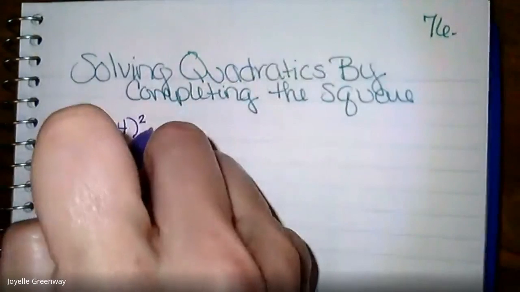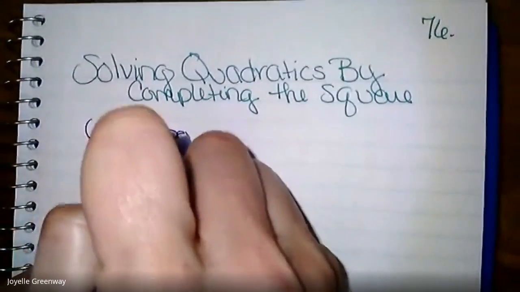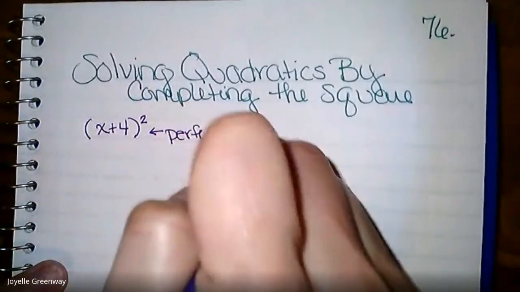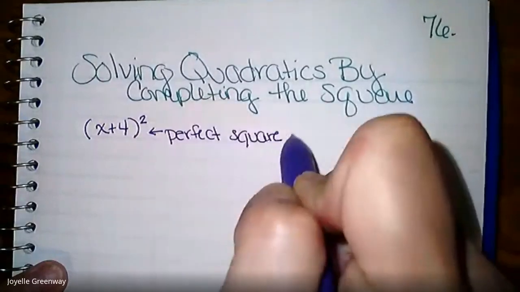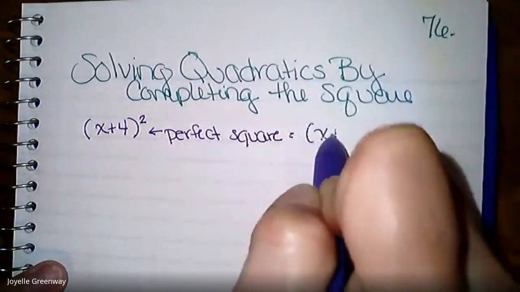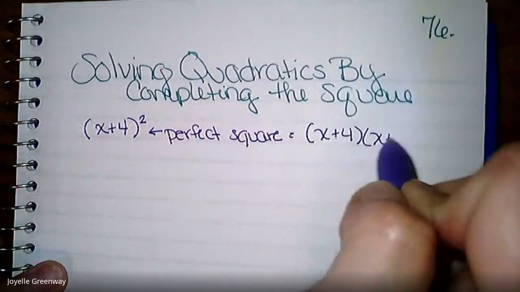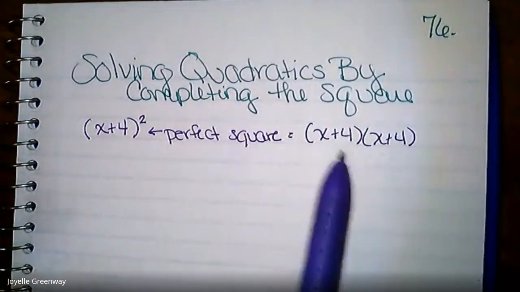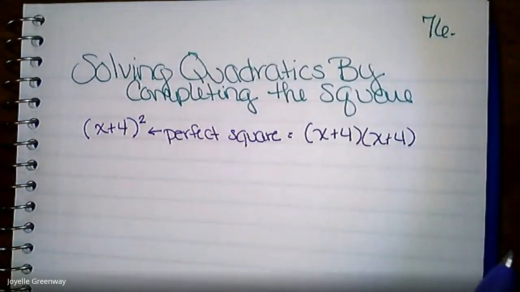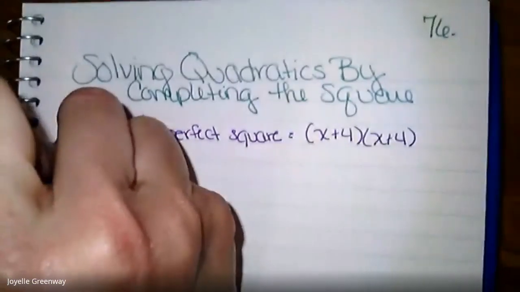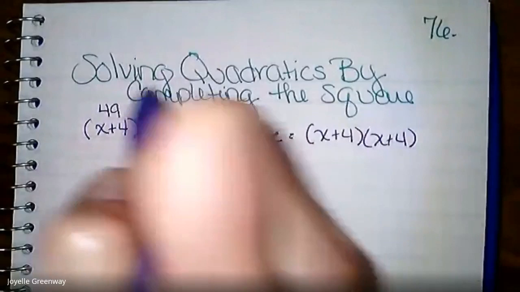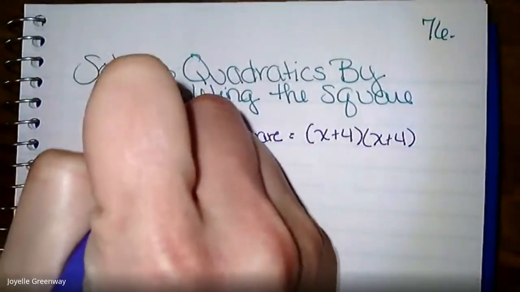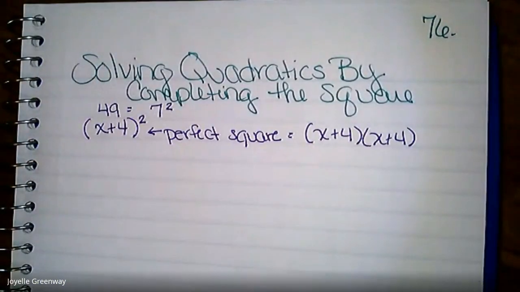This is a perfect square because it means (x + 4) times (x + 4).